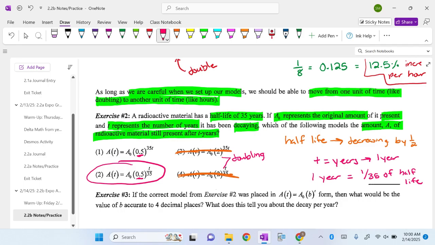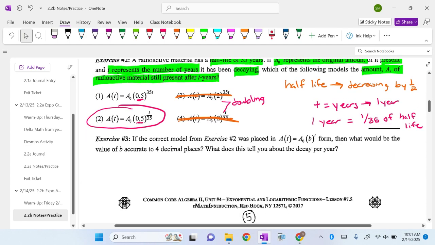For example, if only 3 years have passed, we would put 3 in for T, divide it by 35, and that's how much of the cycle we've done. So basically your exponent is talking about how much of the cycle you've done. Does that make sense? Yes, no, maybe so. All right.